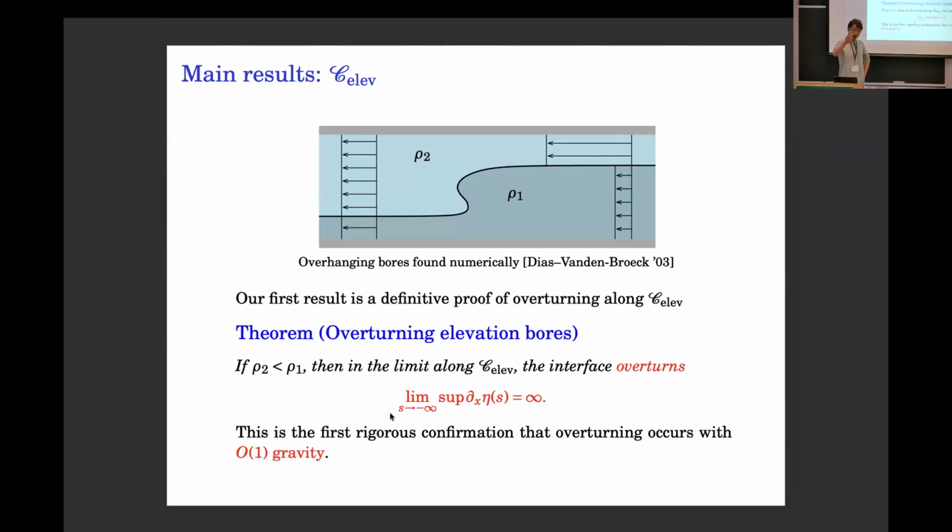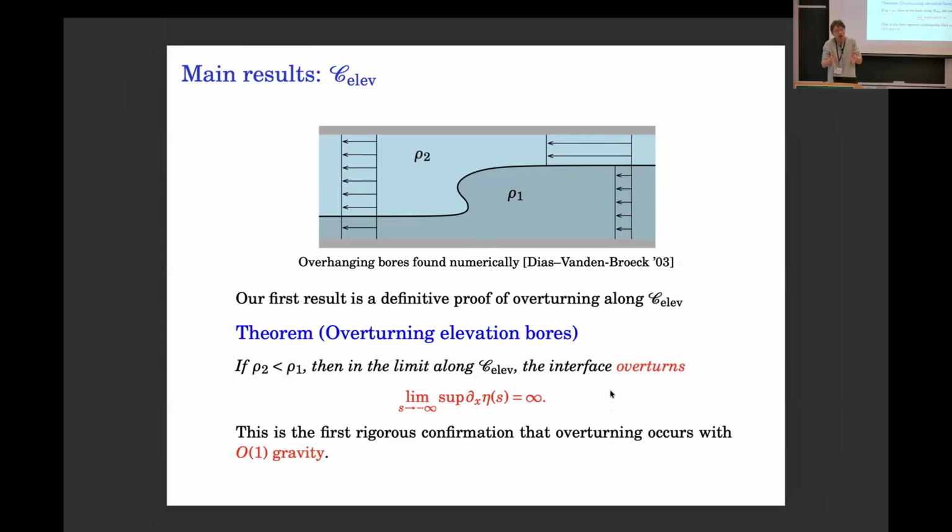So we have 2 branches, the elevation and the depression. If you trace along the elevation branch, that's a representative extreme wave pattern. We can prove that for sure the wave will overturn.